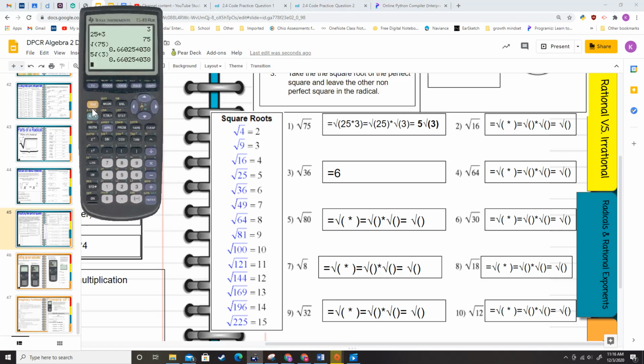So let's try 36. This is what I normally do. I just kind of go from the top to the bottom, see which one of these end up working for us. So 80 divided by 36, that's close but no cigar.